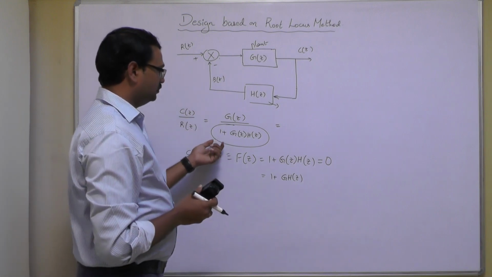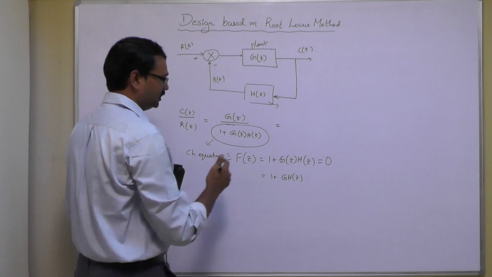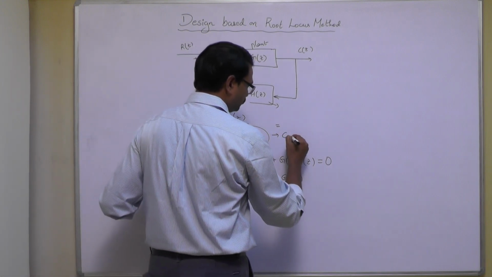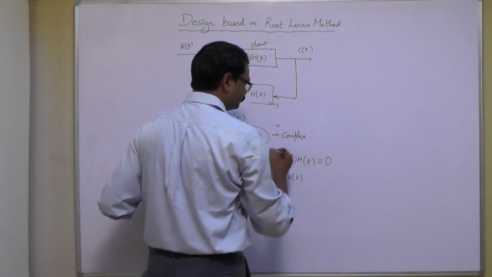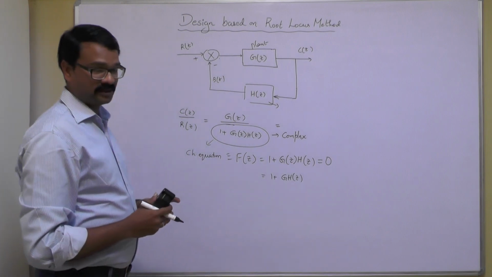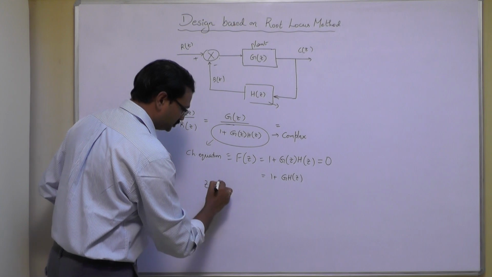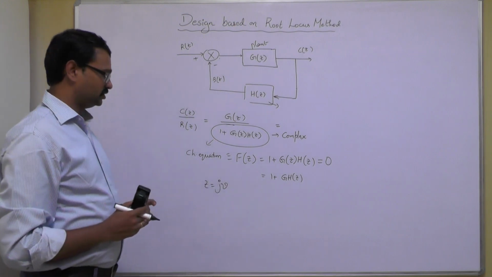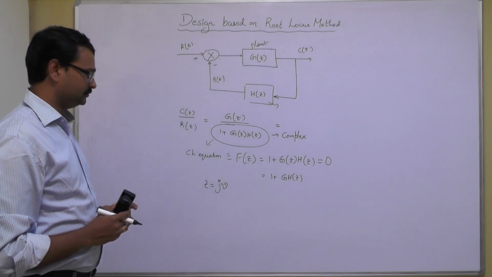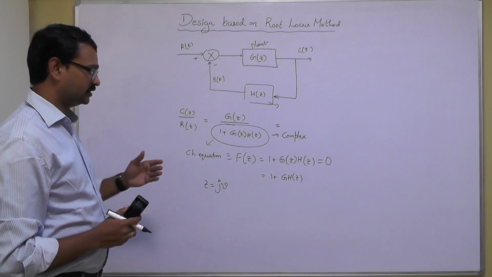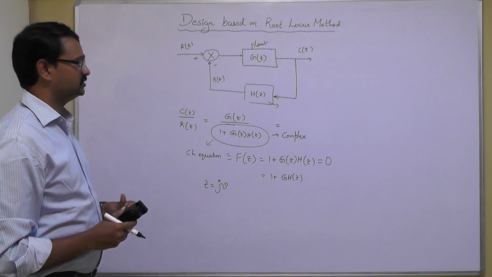This is a complex system, F of z is complex, therefore z can be substituted with z equal to jv. In fact, you can find the j and k of the system.